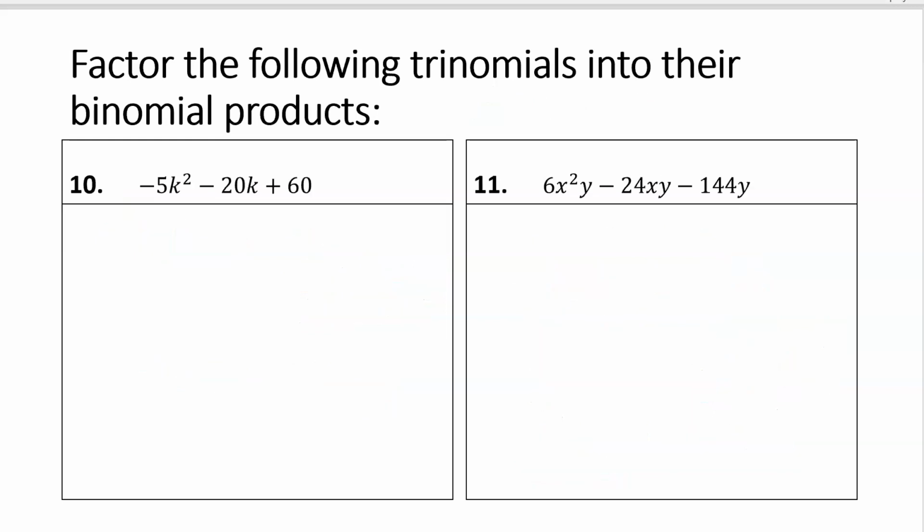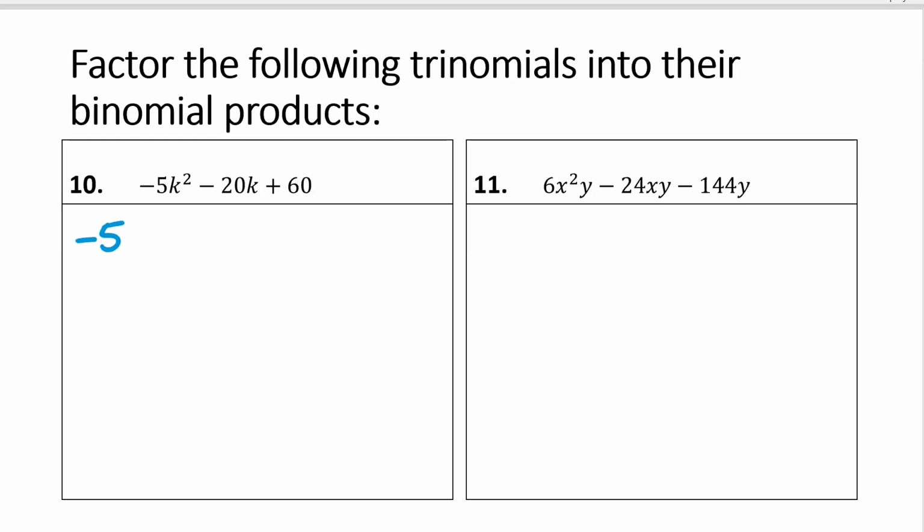Here we don't just have a -k, we have a -5k. Now remember, the first rule in any factoring is factor out the greatest common factor first. So if you can notice, all of these numbers are divisible by 5, so that would be your greatest common factor. And because we don't want a negative in front of the k squared, what we should do is factor out a -5 first.